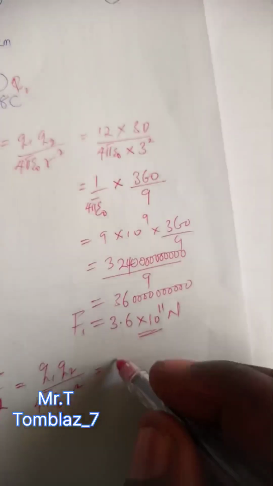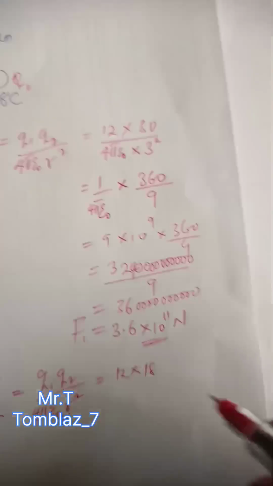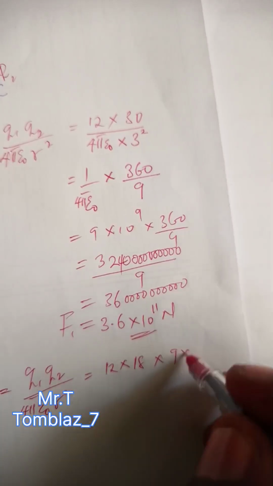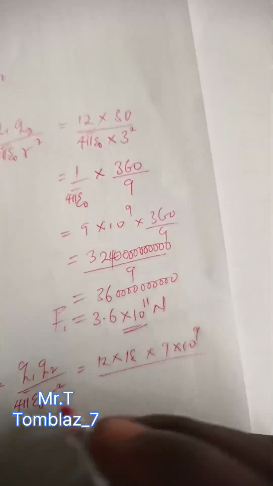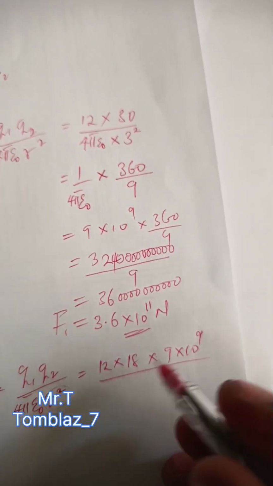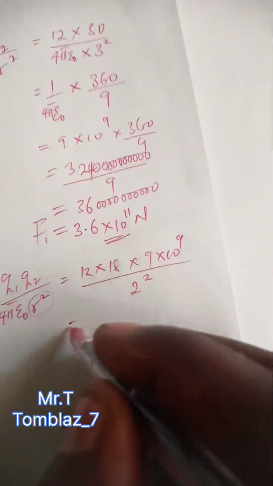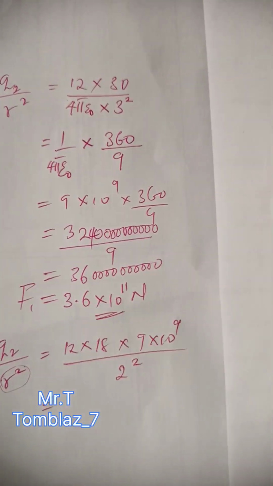So we have 12 times 18. The 1 over 4 pi mu naught is just 9 times 10 raised to power 9, divided by the radius square. Here, the distance between the two of them is 2 meters, so we have 2 square.